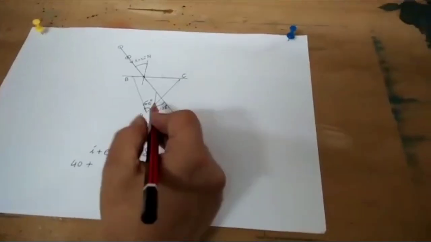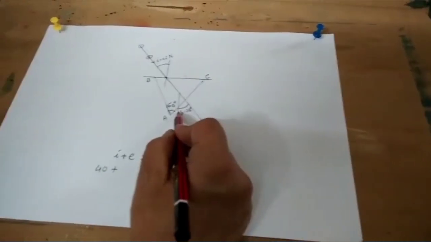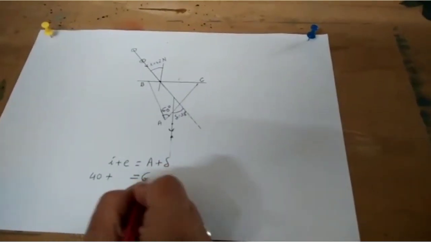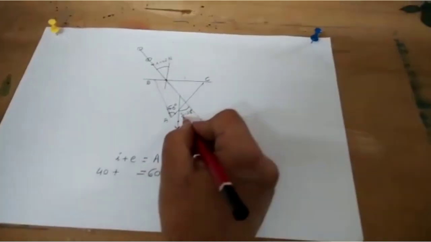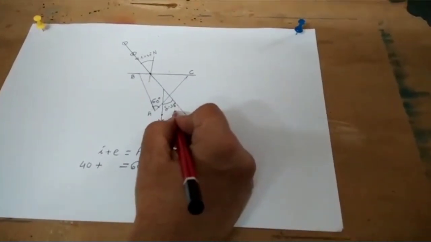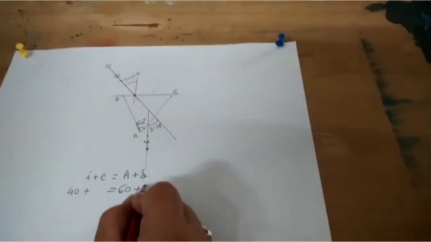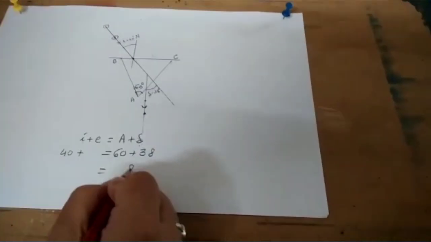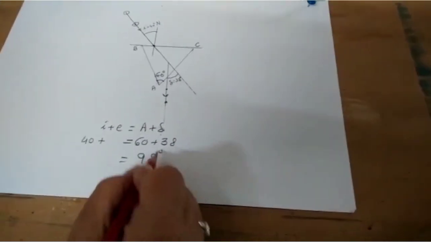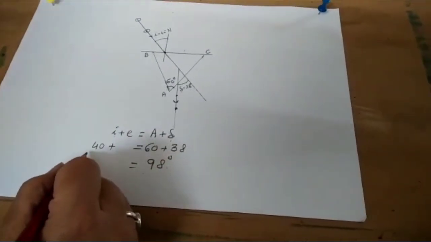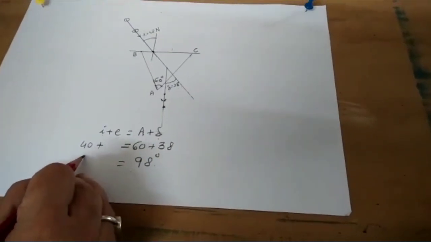Now the emergence angle I have to calculate from here. So angle of the prism is 60 degree and delta, that is angle of deviation, is 38 degree. So this is 98 degree. So this also should be 98 degree.